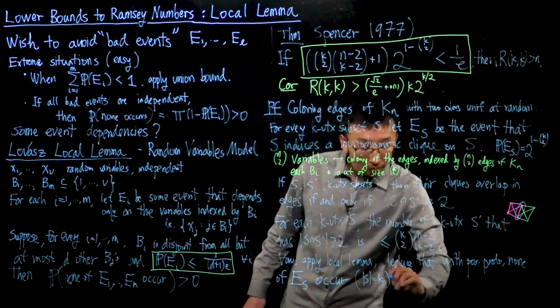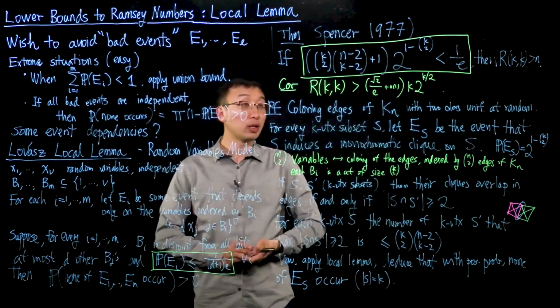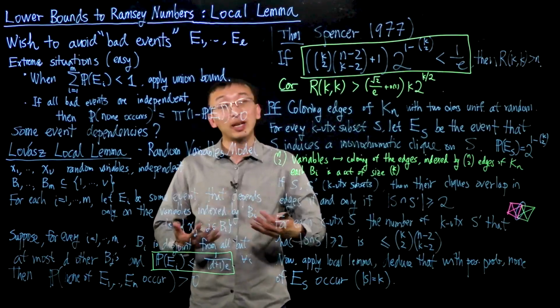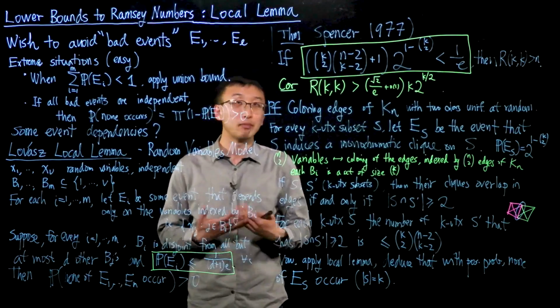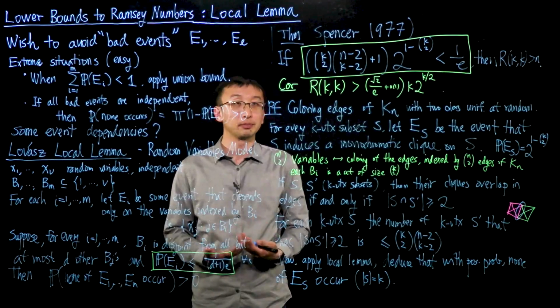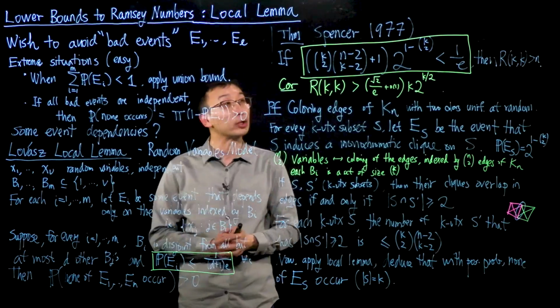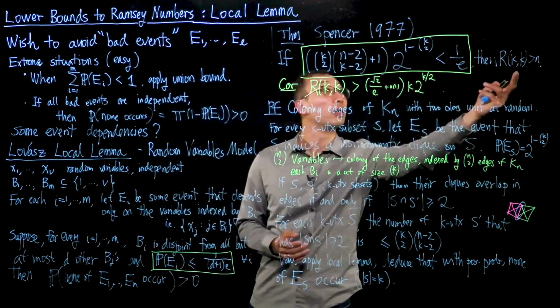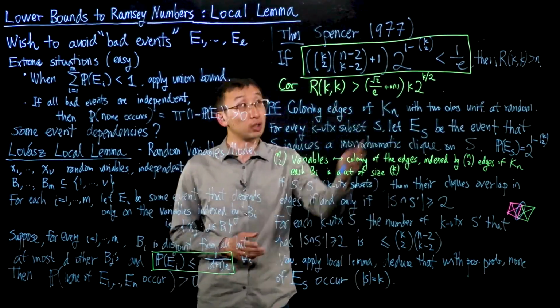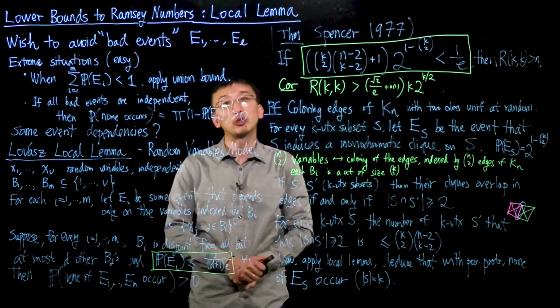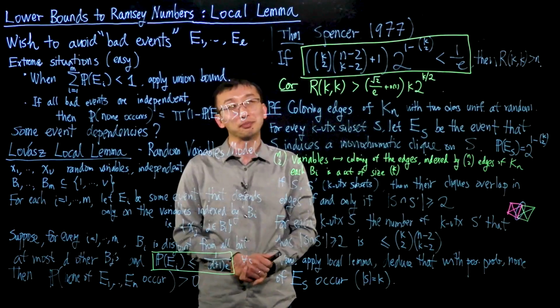And therefore, with positive probability, none of the k-vertex subsets induce a monochromatic clique. And that's exactly what we're trying to show with this claim over here, and this concludes the proof of Spencer's theorem.